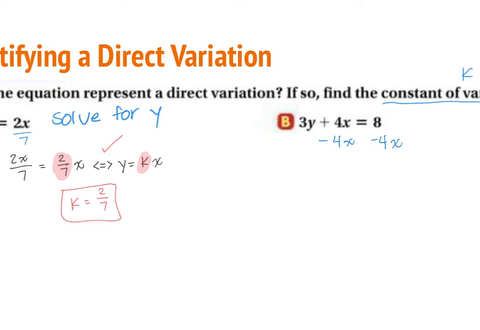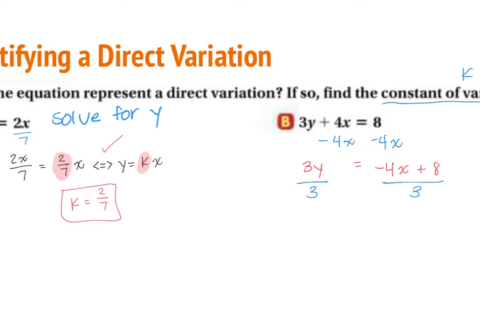On the left side, guys, we're going to get 3y equals negative 4x plus 8, or 8 minus 4x. I'm going to rewrite it with the x term first: negative 4x plus 8. Now we divide both sides by 3.